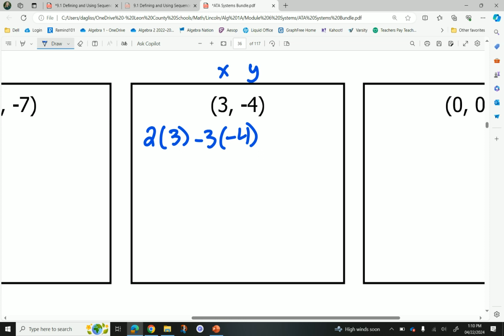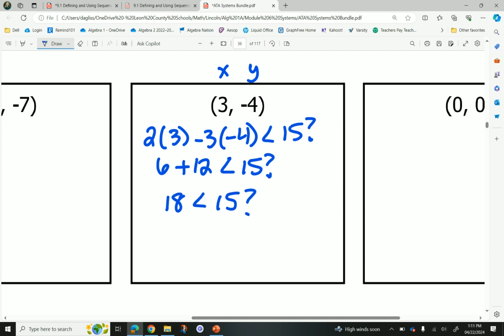Is it less than 15? So it becomes 6. What's negative 3 times negative 4? Positive 12. And what is 6 plus 12? 18. Is 18 less than 15? No. So 3, negative 4 is not a solution to my inequality.